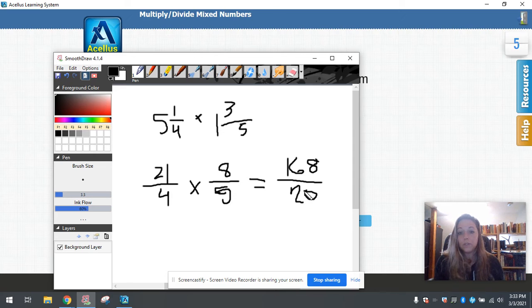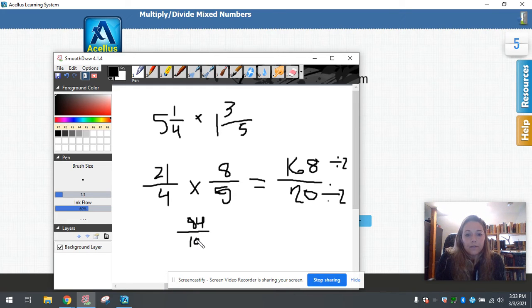Okay, now I'm going to reduce. These are both even numbers. I can divide them both by 2. What I do to the top, I have to do to the bottom, and vice versa. What I do to the bottom, I've got to do to the top. 168 divided by 2 is 84. 20 divided by 2 is 10.